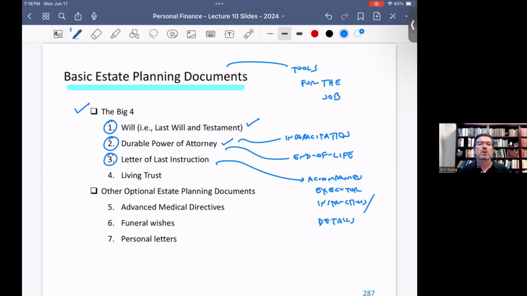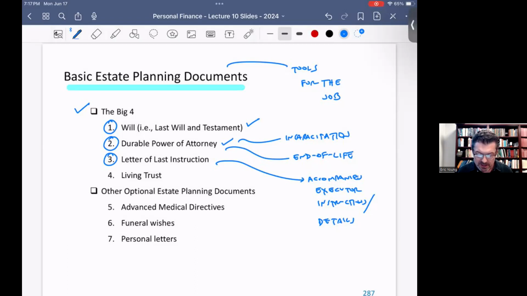Your letter of last instruction can include things as diverse as your wishes for your end of life and burial stuff, the location of any major documents. For those of you who have extensive online lives, passwords and usernames for all of your accounts. For those of you who have financial documents emailed to you, your username and login information for your email accounts.